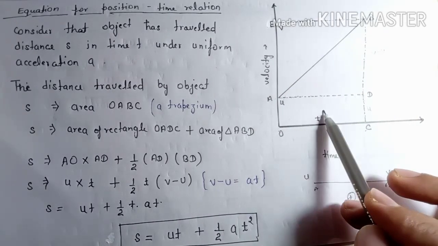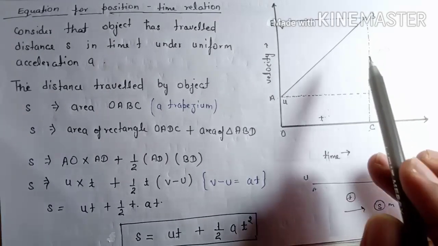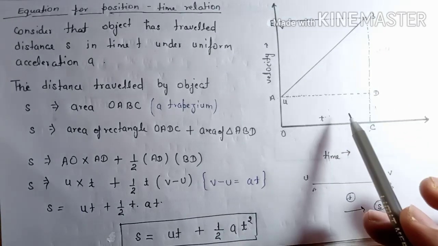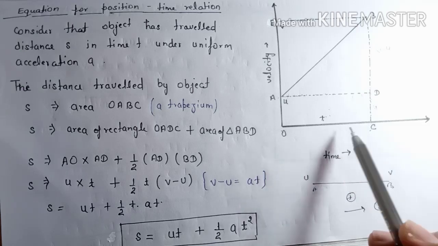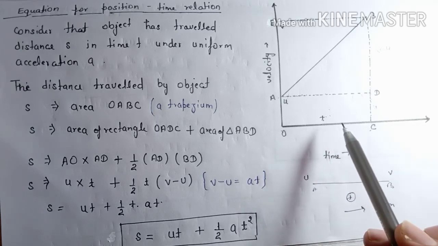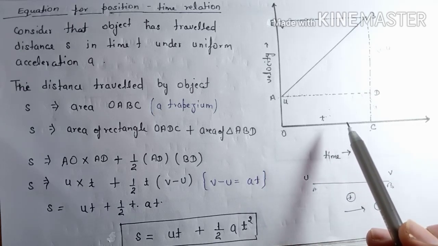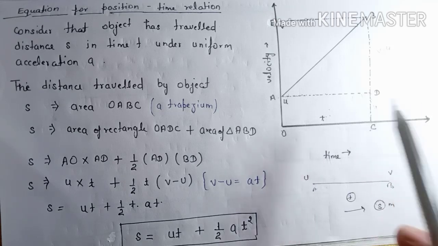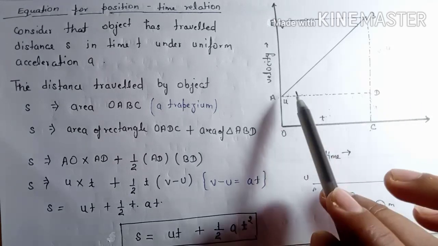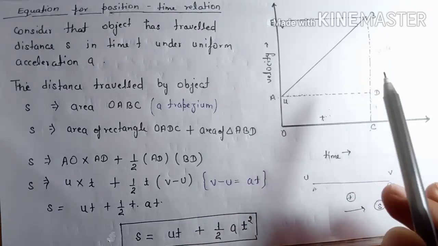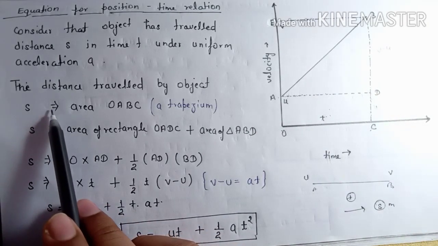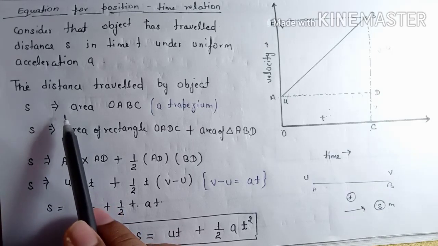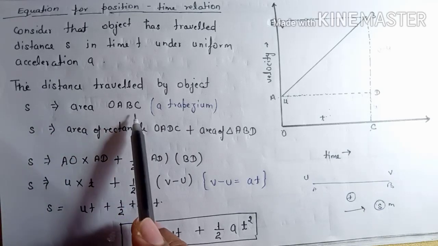Now get the area of this rectangle and the triangle and add. So the distance traveled by the object in time interval t is equal to the area of OABC, which is the trapezium. If the distance is represented by S, S is equal to the area of OABC.